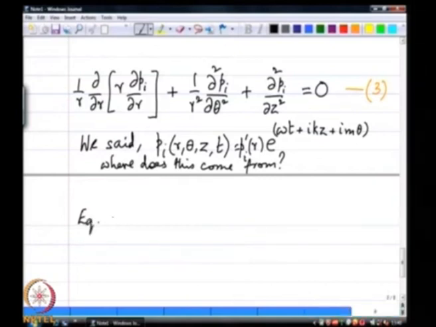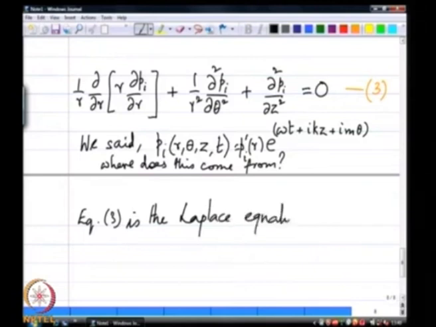So, equation 3 is the Laplace equation in 3 dimensions.